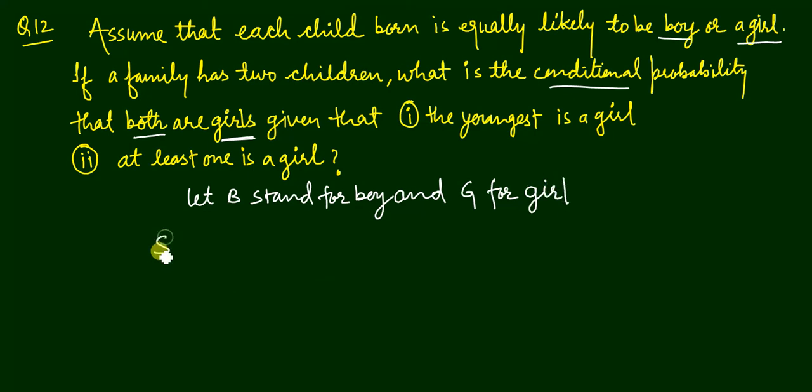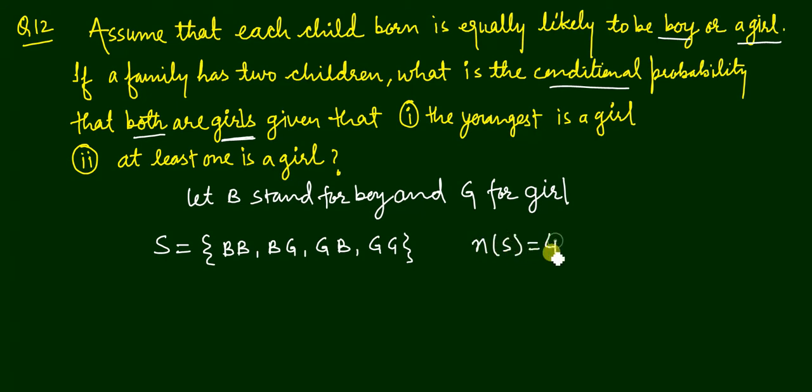So the sample space of this problem will be: boy boy, boy girl, girl boy, and girl girl. These may be the possibilities. Okay. So the total number of elements in this sample space, or the total sample points, are 4.